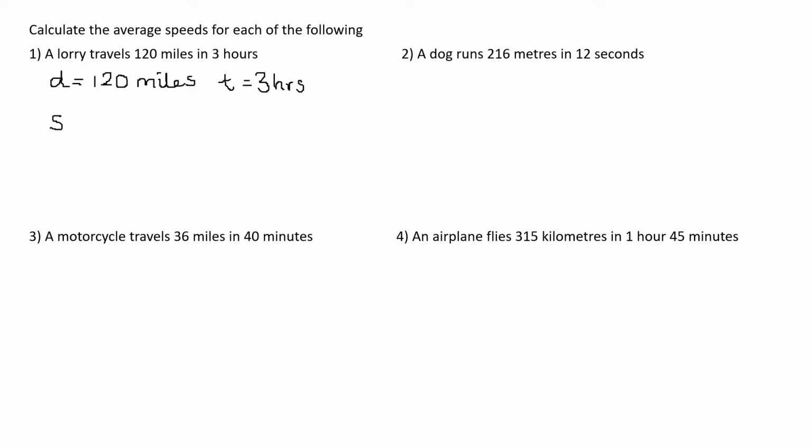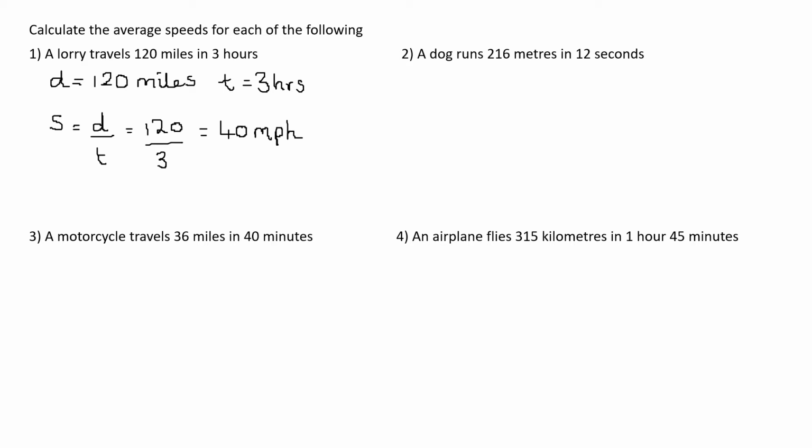So remember that speed equals distance divided by time, which will be 120 divided by 3, which will give us 40. And then we have a look at our units of distance, which are miles, and our units of time, which are hours. So we've worked out that the speed of that lorry is 40 miles per hour. So for every hour that the lorry is moving, it travels 40 miles.